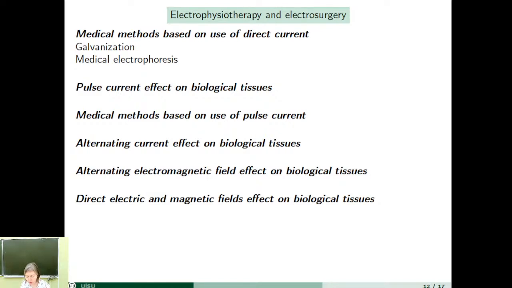That ensures prolonged uninterrupted medicine action in a pathological center. Electrophoresis can be used for diagnostic purposes, for example, for plasma protein fraction separation and detection. That is highly informative for diagnostics of a number of diseases.